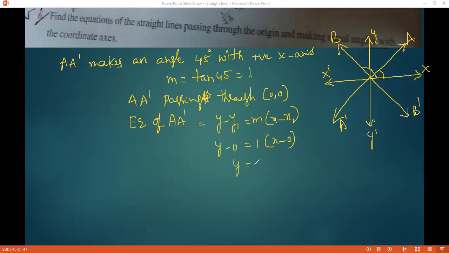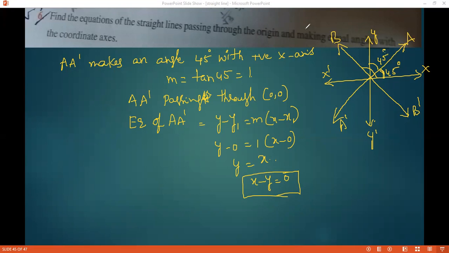So y is equal to x, or x minus y is equal to 0. This is our equation which passes through the origin and makes equal angles, 45 degrees with the x-axis and 45 degrees with the y-axis. Yes or no?